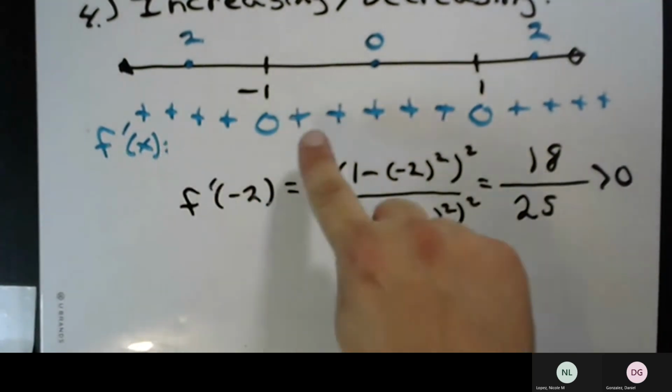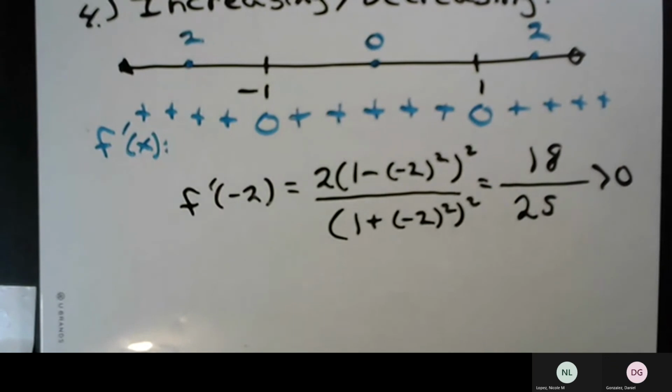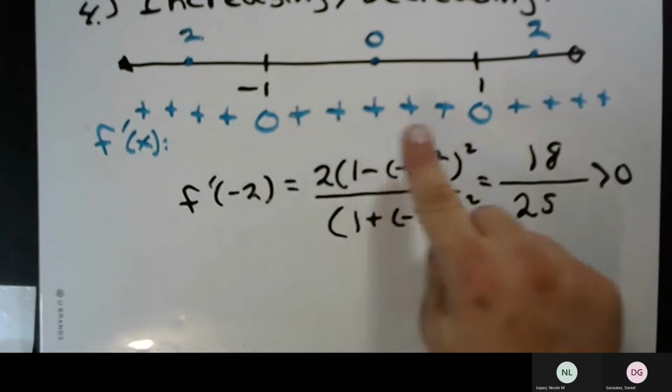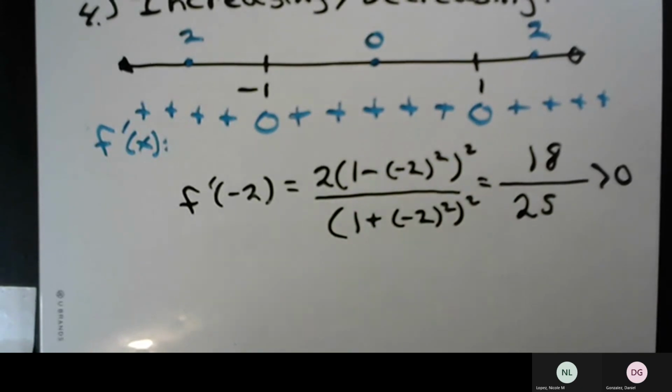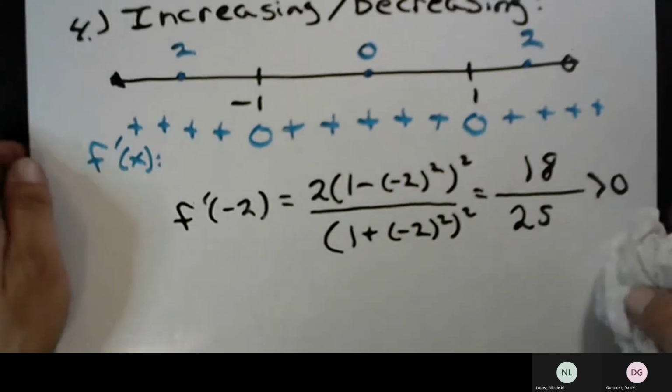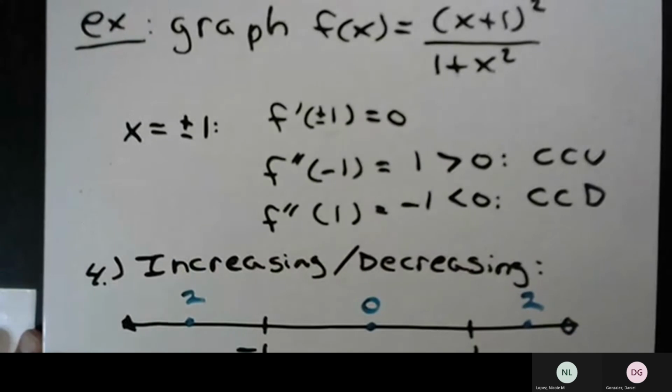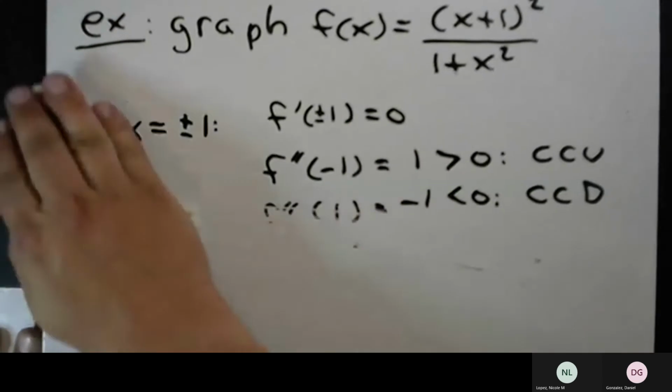So for the first derivative, it's always increasing. Well, it levels off at -1 and 1, and then it increases again. So that's our increasing and decreasing.